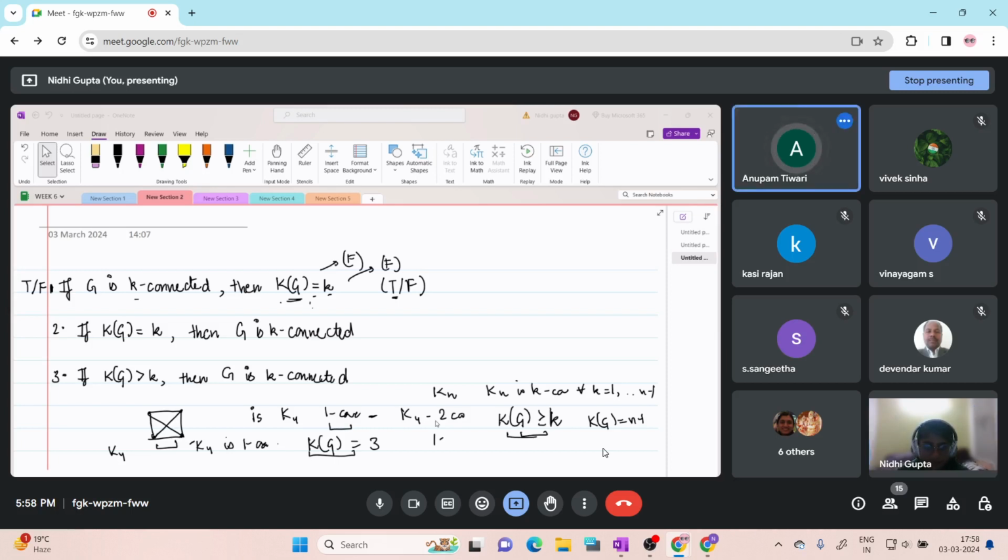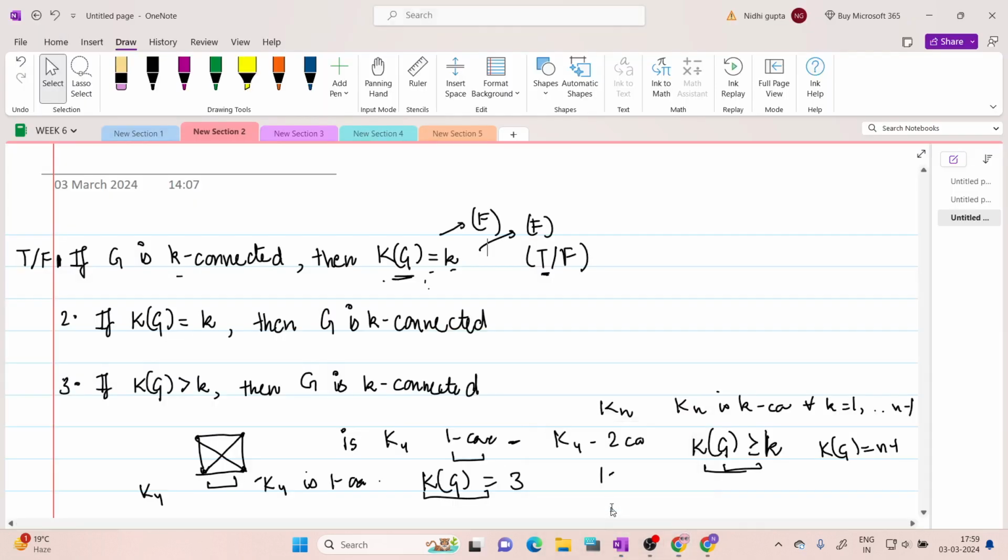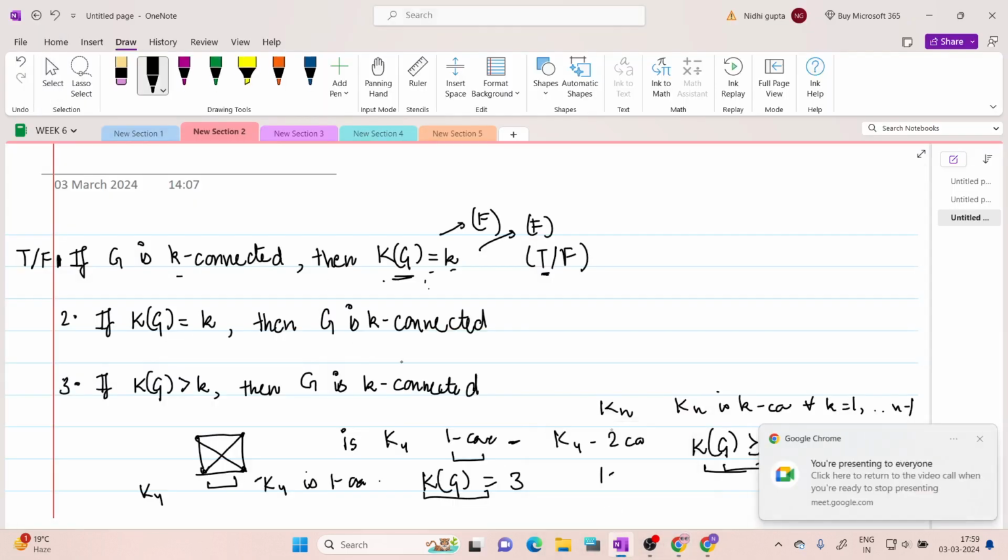This is true, ma'am. Why is it true? Because Kg is greater than or equal to k. Yes, because Kg is the largest k for which G is k connected.